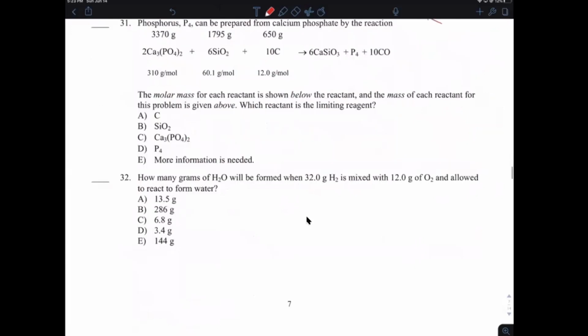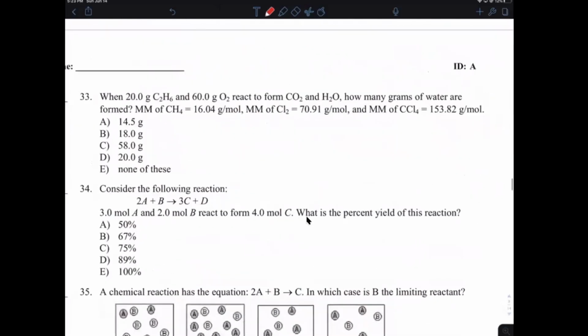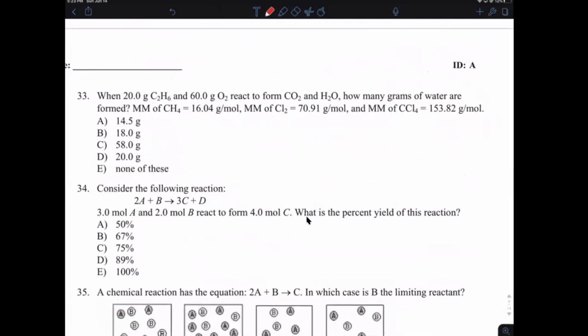All right, 33. Okay, so when 20 grams of this and 60 grams O2 react to form CO2 and water, how many grams of water are formed? Okay, so for this one, it doesn't give us the equation, so we have to think about what our equation would be.